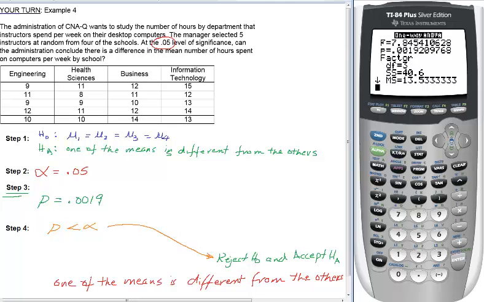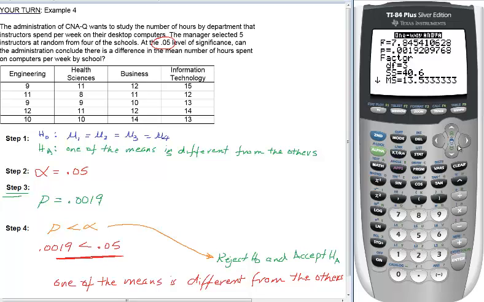So what's our p-value? 0.0019. Is that less than alpha, which is 0.05? Yes, indeed, it is true. Therefore, we reject H0 and accept HA. Therefore, one of the means is different from the others. So it's the same conclusion, a much shorter process. A lot of people prefer the p-value test versus the F statistic test or F critical value.